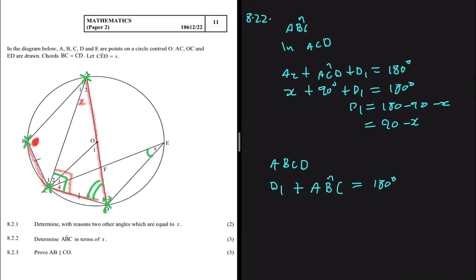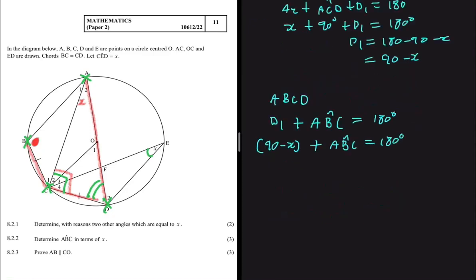We know that D1 is 90 minus X, plus ABC should be equal to 180 degrees. If you solve for ABC, you get ABC equals 180 degrees minus 90 plus X. When you take 90 to the other side it becomes minus 90, and minus X becomes plus X. So ABC will be equal to 180 minus 90, that is 90 plus X.